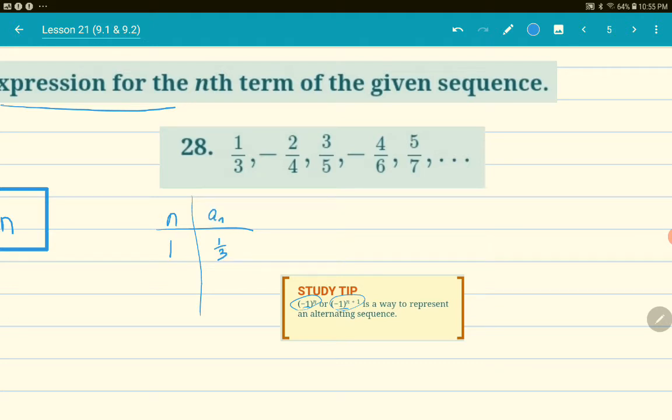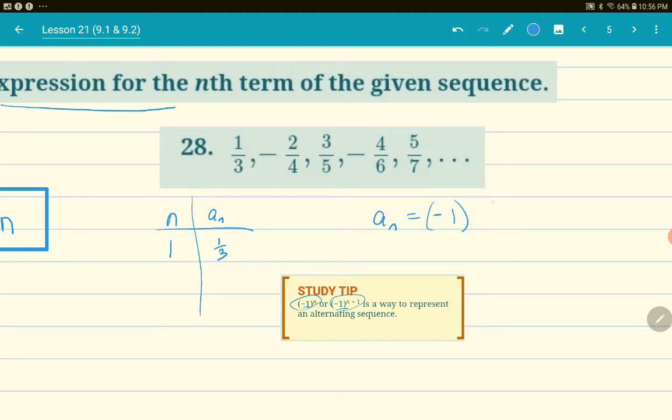That's positive. So I want my general expression to start with a -1, I want the first term to be positive. So I only want the -1 to be when I have an even exponent, like 2, 4, 6, 8.